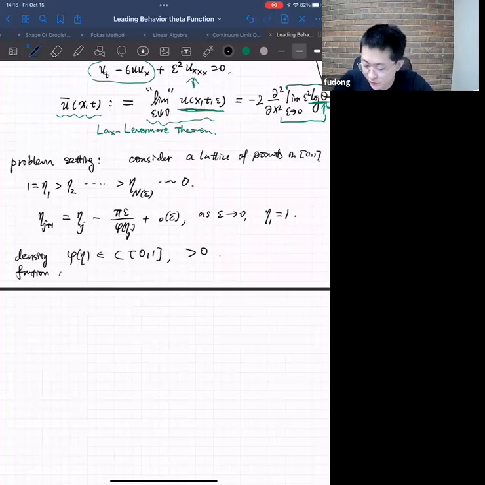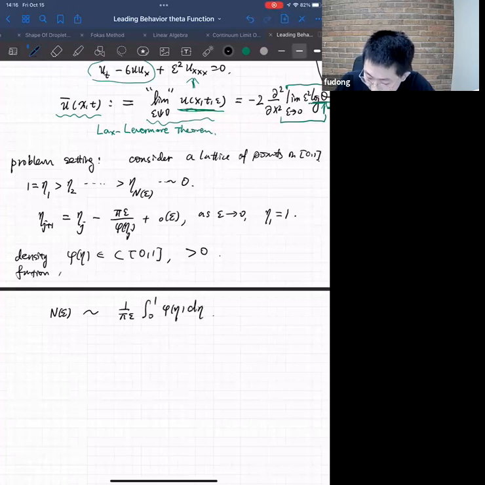And from this, we can obviously get the number of points in this interval. This number of points behaves asymptotically like this, which is very easy to figure out.